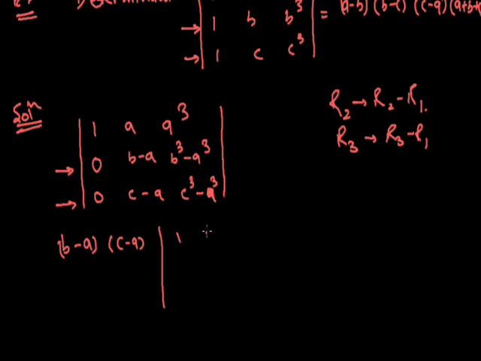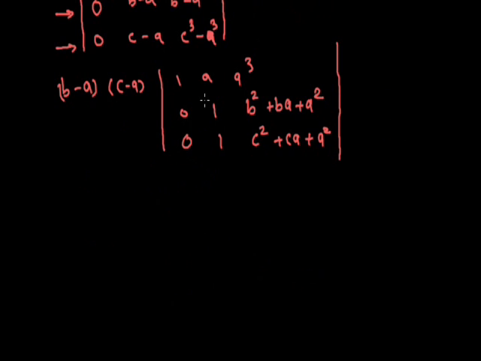First row is as it is, 1, A cube, 0, 1. Now the expansion of B cube minus A cube is (B minus A)(B square plus AB plus A square), so the remaining is B square plus BA plus A square. Similarly, in the third row it is 0, 1, C square plus CA plus A square.